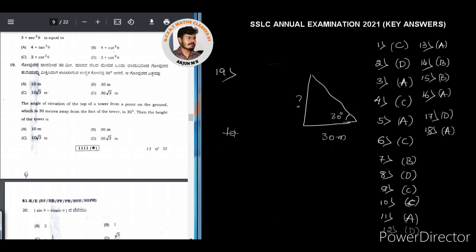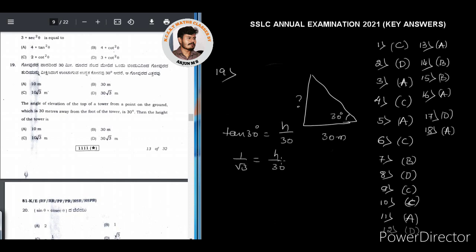So by using tan ratio, tan 30 degree is equal to height divided by 30, right? The distance between these two is 30, and its height is considered as h. H is the height of the given tower. By using this condition, you just observe the tan 30 degree value. So tan 30 degree is equal to 1 by root 3, which is equal to h by 30.